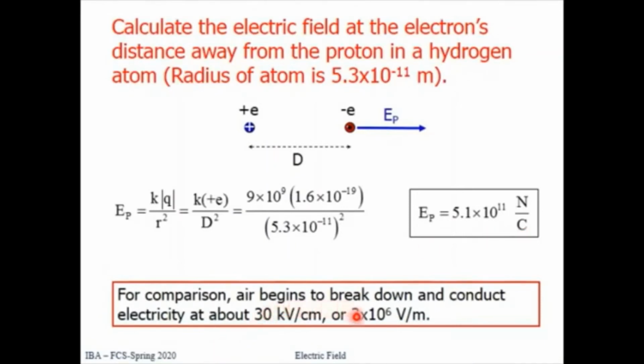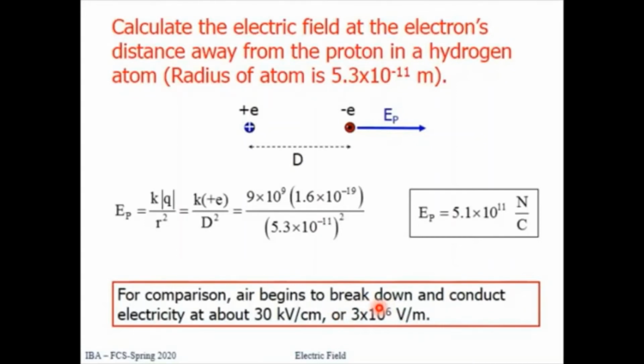air begins to break down and conduct electricity at about 30 kilovolt per centimeter, or 3 × 10^6 volt per meter. As I mentioned before, volt per meter is also a unit of electric field, same as newton per coulomb. So if we have this electrostatic field, then electrons can conduct even in air.